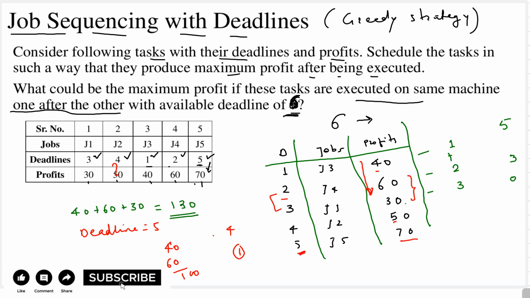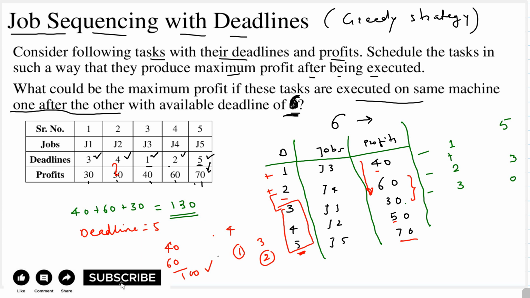But with the deadline of 5, we complete the first two jobs, and the total profit we get is 30, using deadline only 3, and deadline 2 is still remaining, but we could not complete any other job within that remaining deadline, but still the profit is maximum.